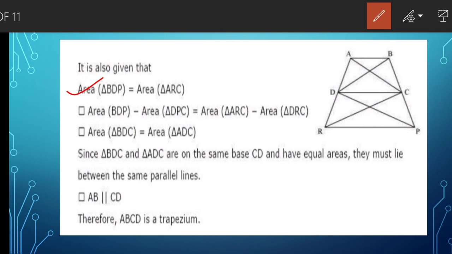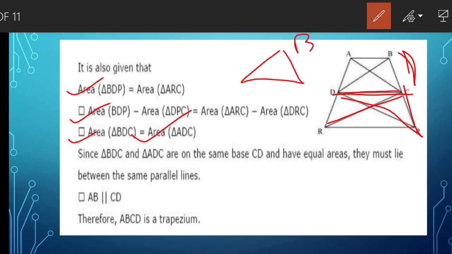From BPD we subtract DCP, and on the left hand side from ARC we subtract DCR. On subtraction we will be left with the top quadrilateral. Here BDC is equal to ADC. So the top triangle BDC is equal to ADC.